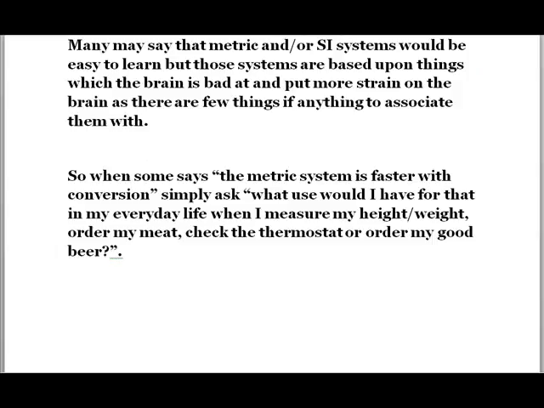Many may say that the metric and/or SI systems would be easy to learn, but those systems are based upon things which the human brain is bad at and put more strain on the brain as there are few things, if anything, to associate them with. So when someone says something like, "the metric system is faster with conversion," simply ask, what use would I have for that in my everyday life when I measure my height/weight, order my meat, check the thermostat, or order my good beer?